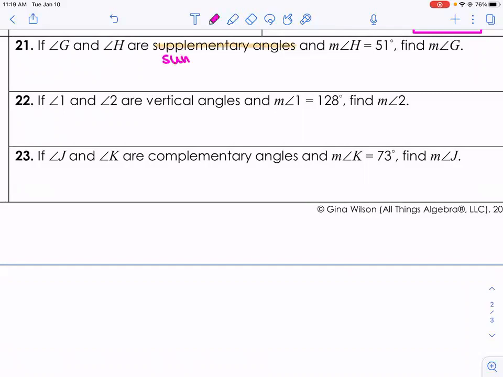Sum of 180. So we know that angle G plus 51 needs to equal 180.